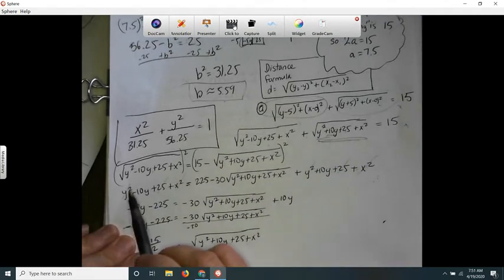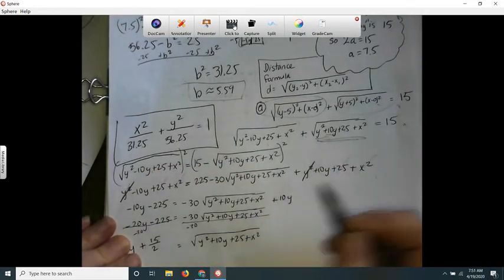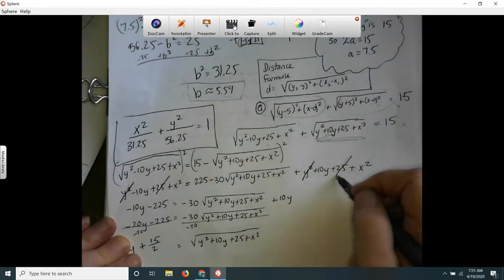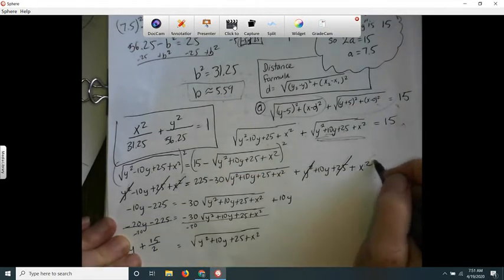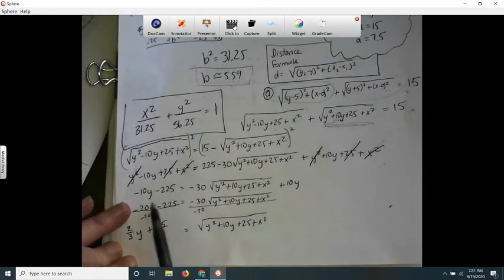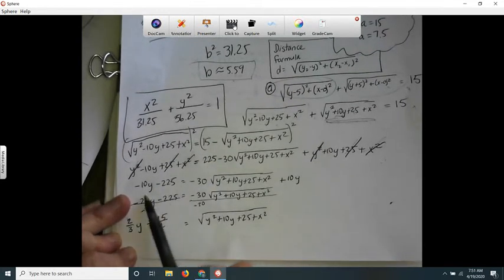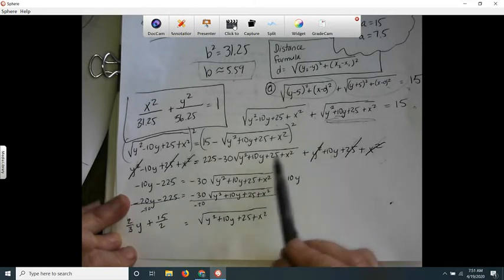And I noticed at this point that I got this cancellation, some of the terms left. Okay, and then I brought this 225 over to the left-hand side of the equation with my 10y. And I brought what's left over here down.